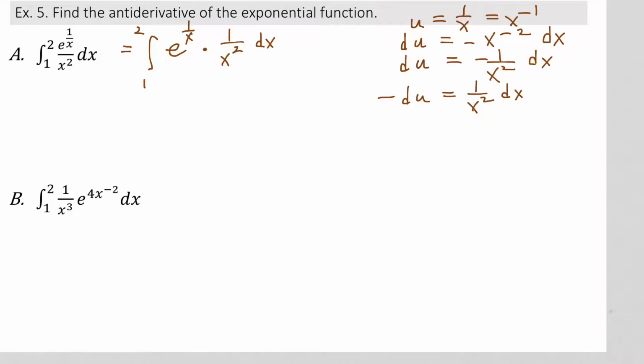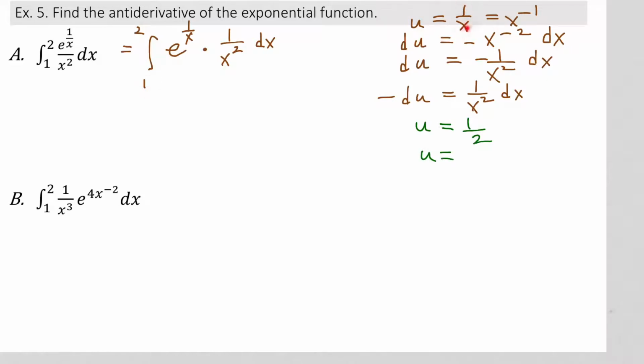All right, now let's do the limits of integration. So for the upper limit, I've got 1 over 2. Remember what I'm doing is I'm putting the 2 in for the x. And then the lower limit of integration would be 1 here goes right here.